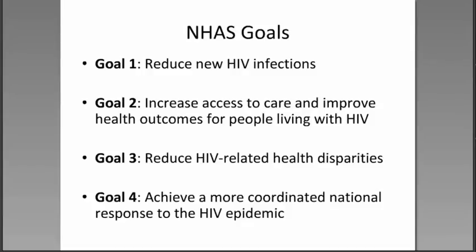The second is to increase access to care and improve health outcomes for people living with HIV and AIDS. Third is to reduce HIV health disparities and health inequities. That piece got left off, but it's important to note that we're talking about health disparities and health inequities. And then the fourth goal is to achieve a more coordinated national response to the HIV epidemic.